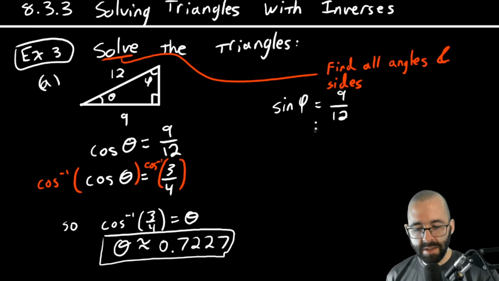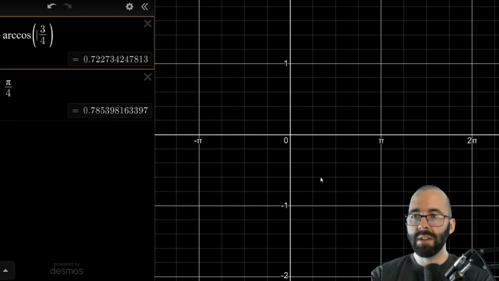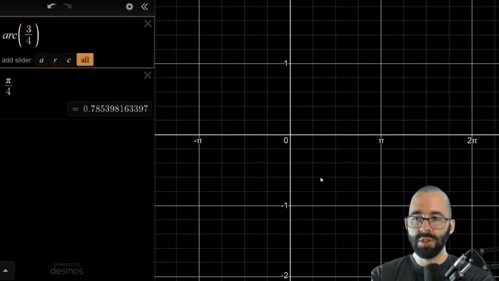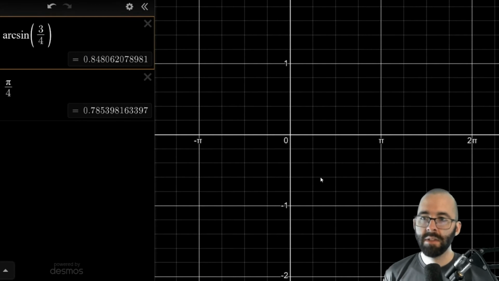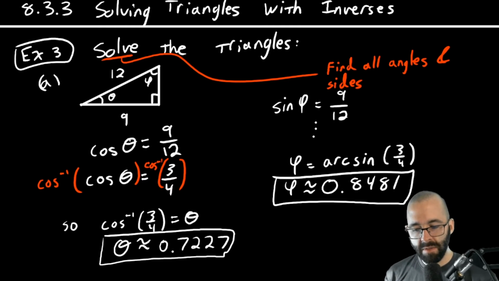So by exact similar logic, phi is going to be the arcsine of 3/4, which we can approximate with the same calculator. Change arcsine from arccosine, and we'll get 0.8481 as an approximation for phi.